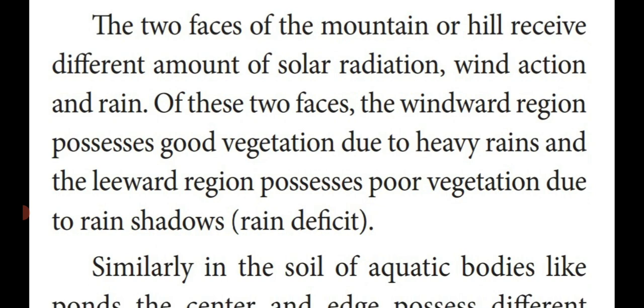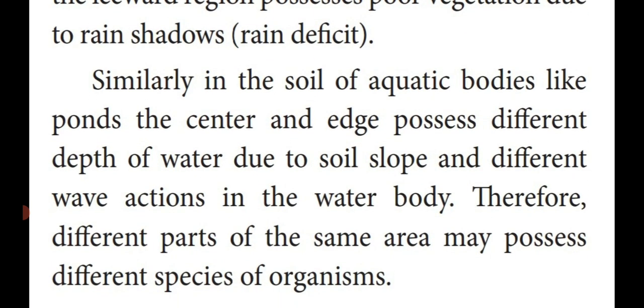Similarly, in the soil of aquatic bodies like ponds, the center and the edge possess different depths of water due to soil slope and different wave action in the water body. So another example of the mountain is also given here, direction of mountain.